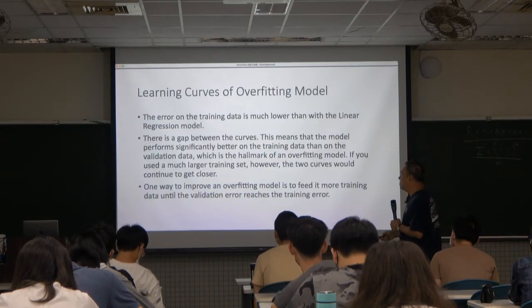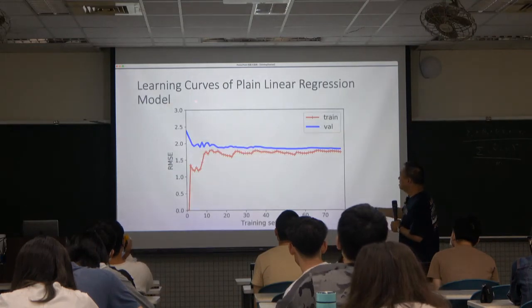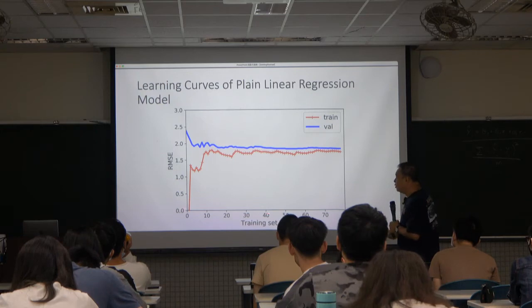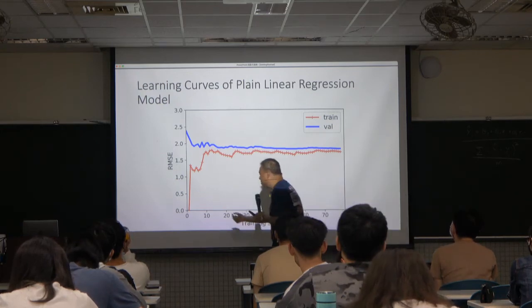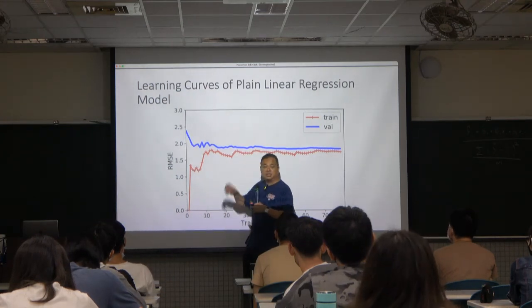For example, the first case is the underfitting situation, where we are using the linear model. That's why for the first two points we don't have any error, and then it goes up.